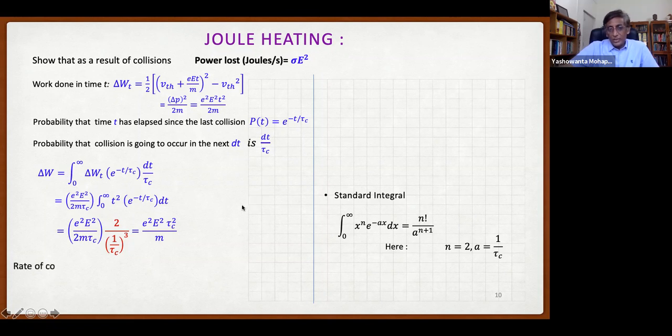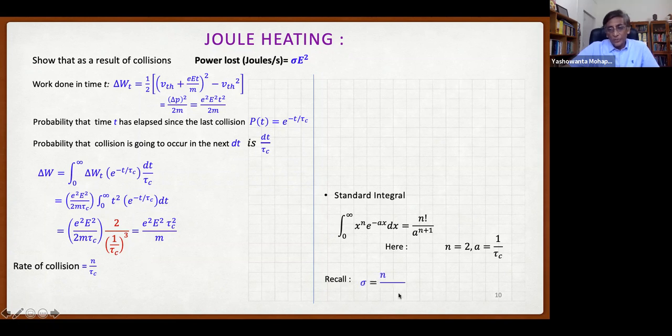Now the rate of collision. What is the rate of collision? That is 1 by tau c for only one electron, but there are n electrons, so the rate of collision is n by tau c.